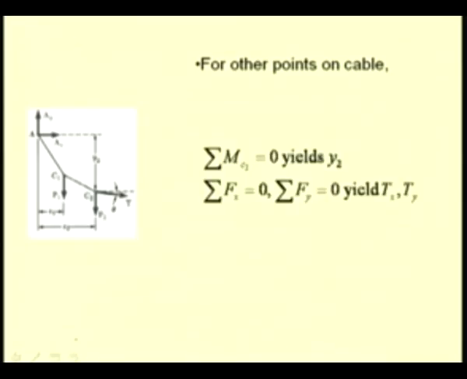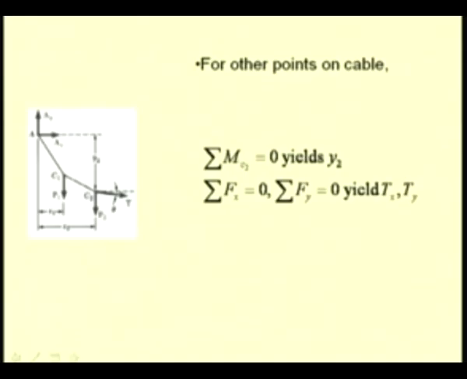So, we can now write the equations for equilibrium. We take the moment summation about this point C2, and since this unknown force T passes through this point, we only have moments because of the concentrated load P1 and the moments due to this Ax and Ay, the end reactions.